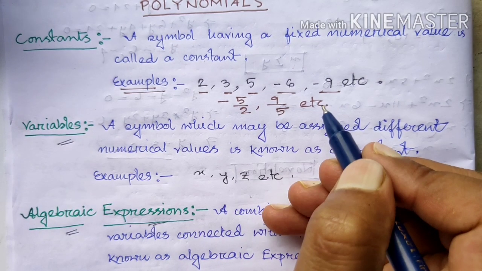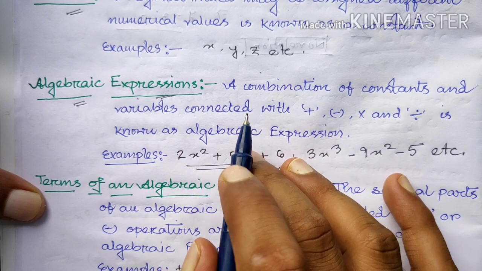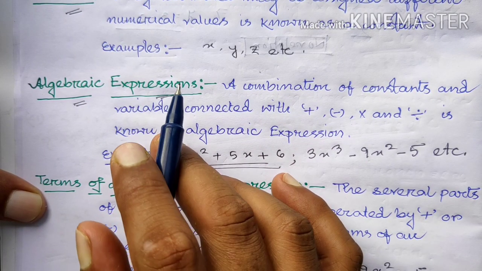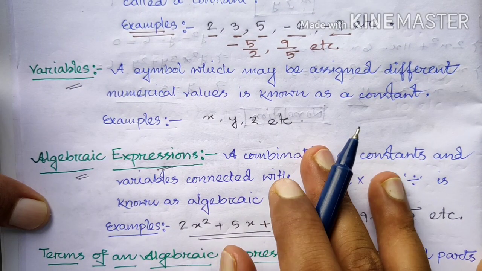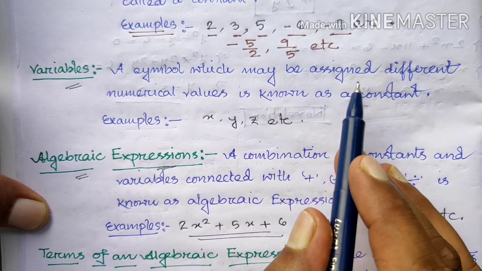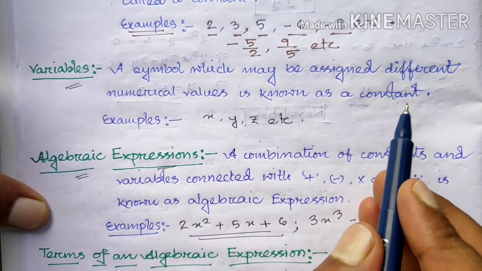Next, we have to know about variables. What is a variable? A symbol which may be assigned different numerical values is known as a variable.